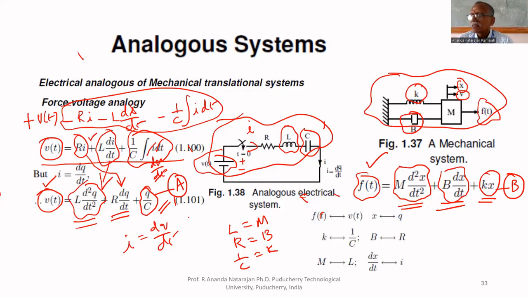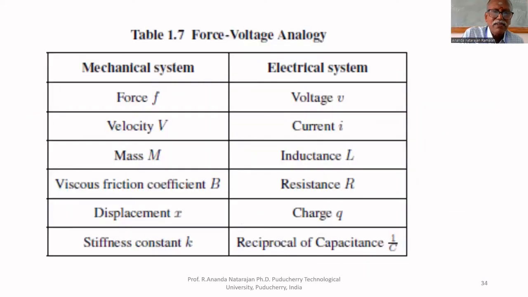You find the L, which is equivalent to M. You find the R, which is equivalent to B. Find a C, which is equivalent to 1 by K. So you have to find an inductor whose value must be equal to M, a resistor whose value must be equal to B, and a capacitor C whose value must be equal to 1 upon K. That's all. You can construct an electrical system.